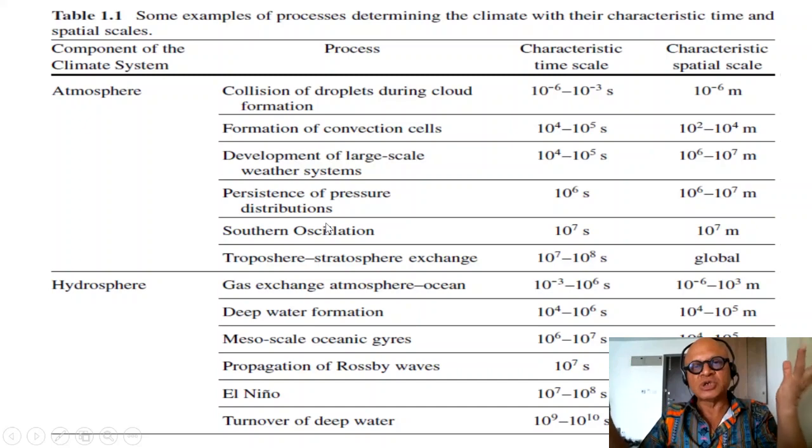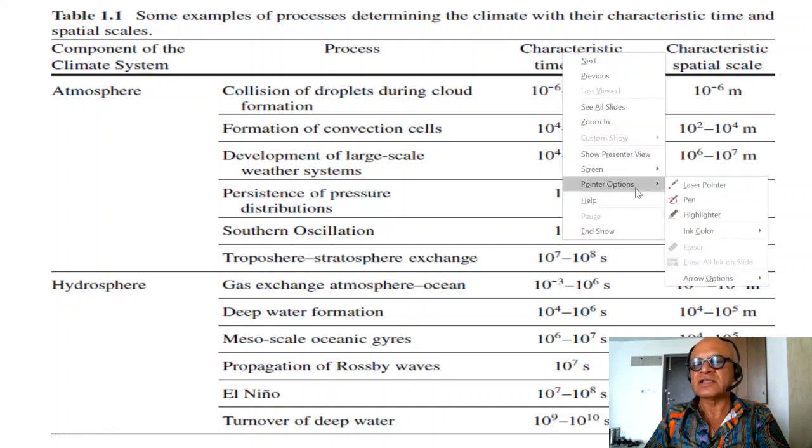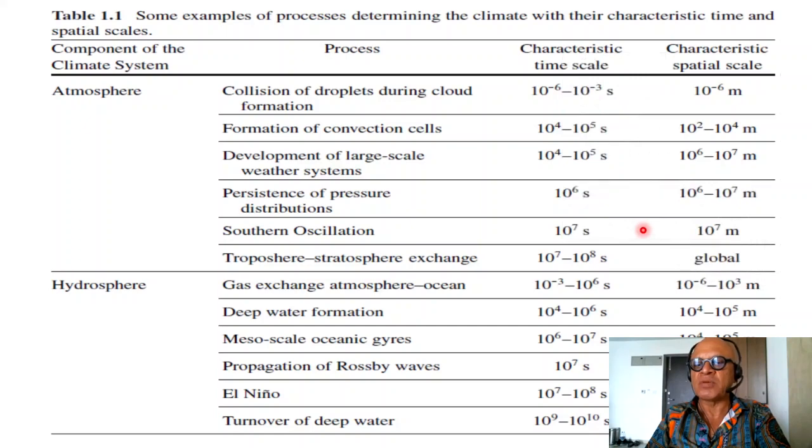Basically it's the oscillation of sea level pressure between Darwin and Tahiti, which corresponds to the zonal circulation in the Pacific, with upwelling and cold temperatures in the east around Galapagos, warm temperatures in the west around New Guinea, Australia, and this oscillates on interannual timescales. That means longer than a year, so it happens every 2 to 7 years. It happens on 10 to the 7 seconds, so that corresponds to the time scale we're talking about, and 10 to the 7 meters, which is the scale of the Pacific and the globe, in fact.